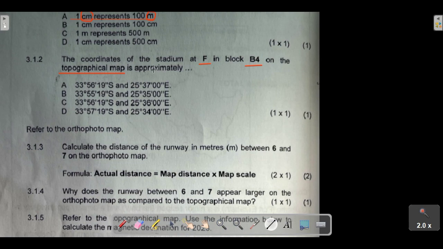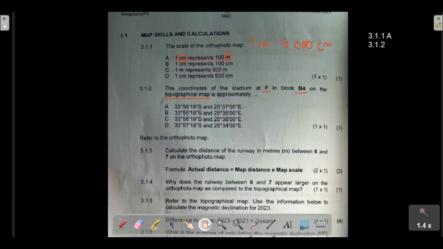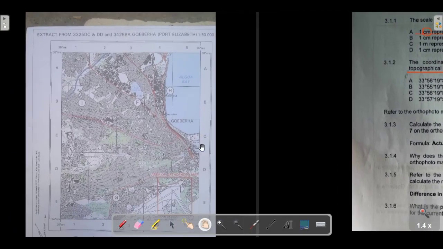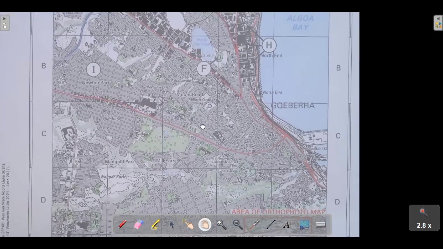So we are supposed to get the correct coordinates of this stadium at F. Let's go look at the stadium and try to get its coordinates. So this is the stadium that they are referring to.